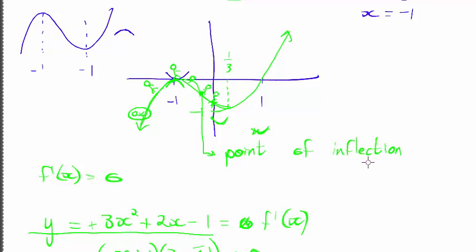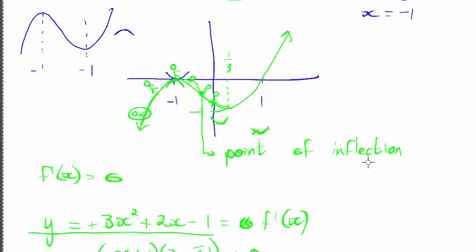That is where my gradient stops decreasing. Remember, my gradient used to be very positive, very steep, then became 0, then it reduced even more, it became negative. But then all of a sudden it stopped doing this and started doing that.